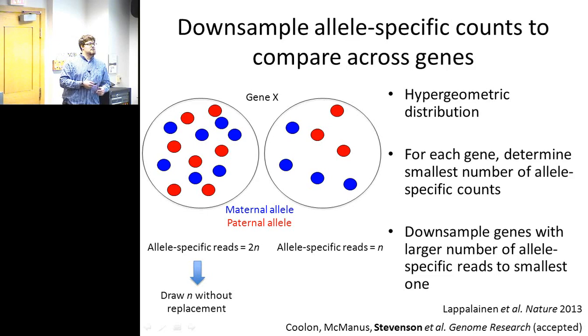So you're saying that you're throwing away data to increase some statistical power. That doesn't seem intuitive. To equalize the power between these two samples, because otherwise the estimates of allele-specific expression in this sample are more accurate than the estimates in this sample, just because there are more supporting reads.